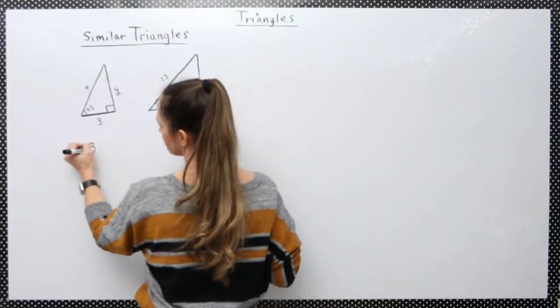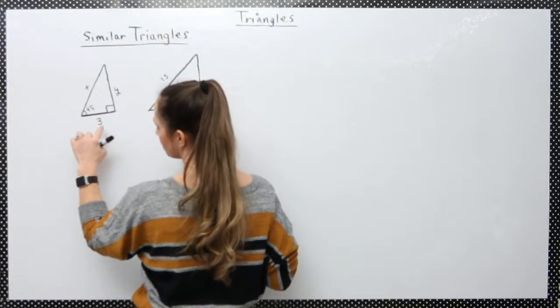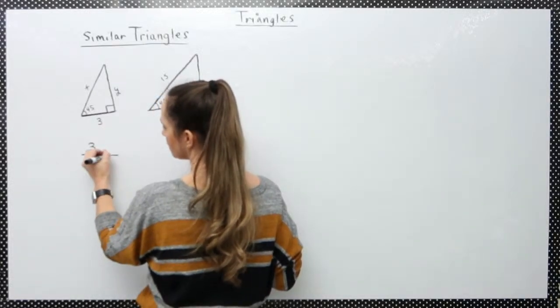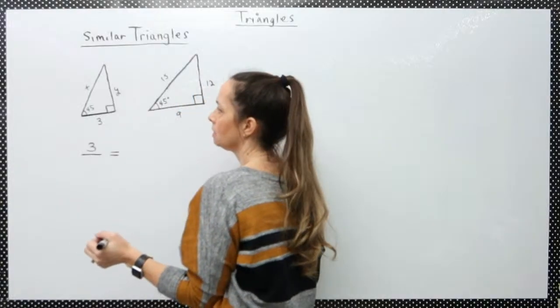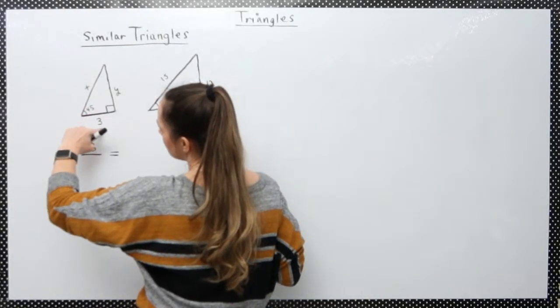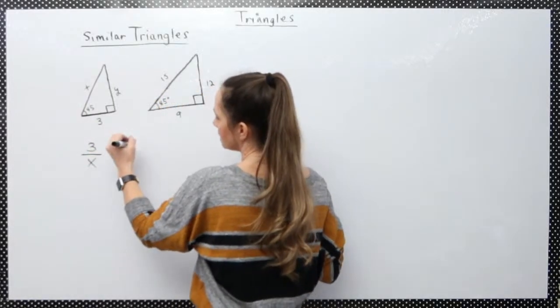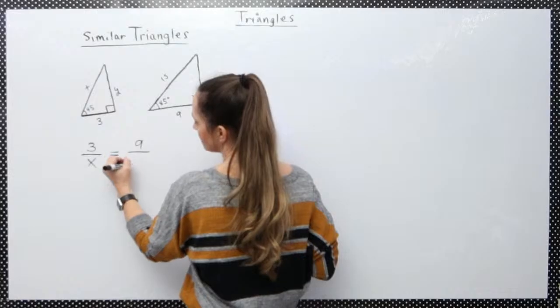As long as you're consistent, if you start with the smaller triangle in the numerator, you want to have the smaller triangle values in the numerator on the other side of your proportion. So if we want to find x first, we'll say 3 is to x as 9 is to 15.